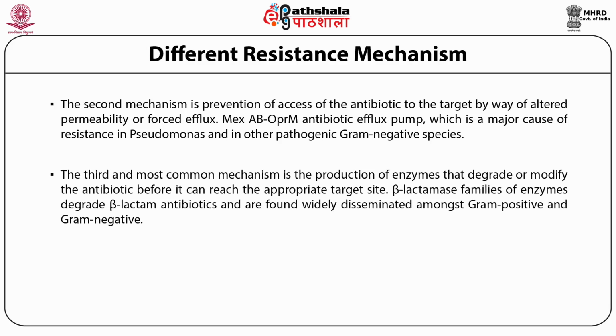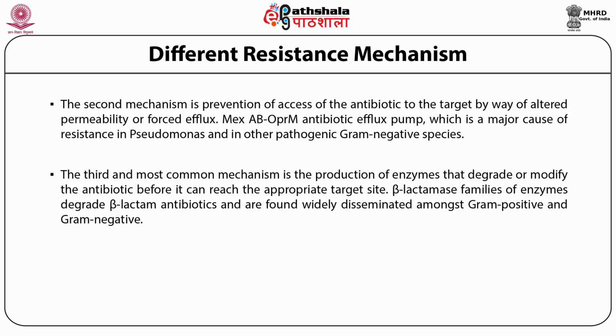The third and most common mechanism is the production of enzymes that degrade or modify the antibiotics before they can reach the appropriate target site. The beta-lactamase family of enzymes degrade beta-lactam antibiotics and are widely disseminated among gram-positive and gram-negative bacteria.